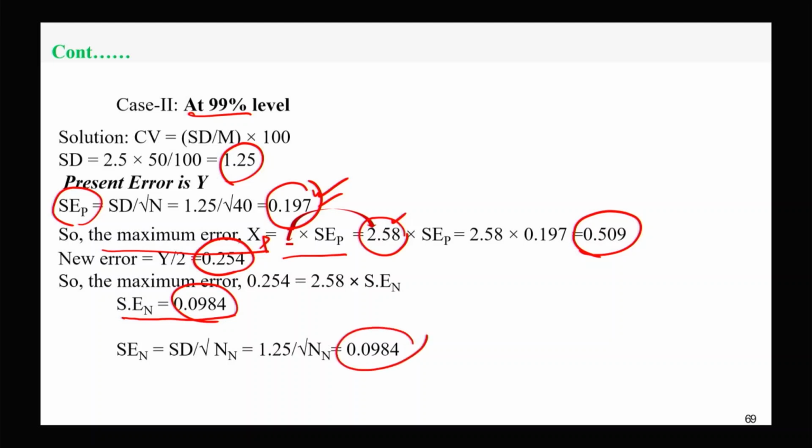This standard error of mean means standard deviation by under root n, and from there we calculate the new number of specimen required at 99% level. Interesting, you can see that whatever may be the level, if we want to reduce the error percent, you need the same number of specimen. So these are all for mean.